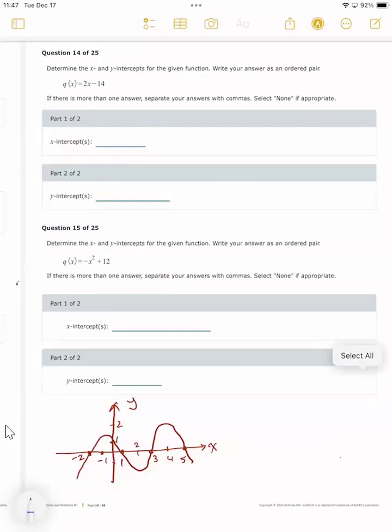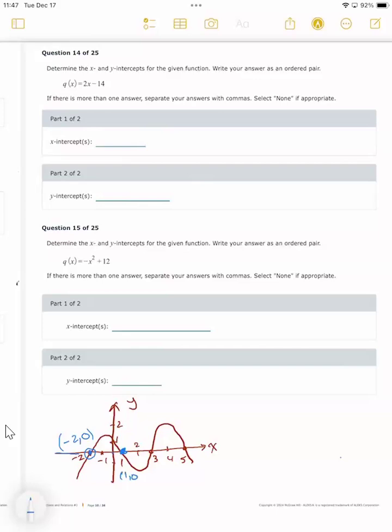For the x-intercept, we look to see where the graph crosses the horizontal line. This is our horizontal line, and the graph is crossing it here. So that's one x-intercept, -2, 0, because x at this point is -2, but the y value is 0. Another one is this point, where x is 1, y is 0.